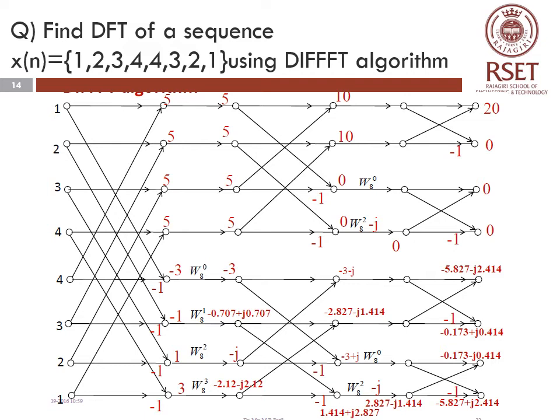The input is in the exact order, and the output is in bit reversed order using decimation in frequency. So we can apply the inputs 1 2 3 4 4 3 2 1 as shown. Then the outputs of stage 1, stage 2, and the final output after stage 3 can be computed, and it is always better to use a tabular column as shown in the next slide.